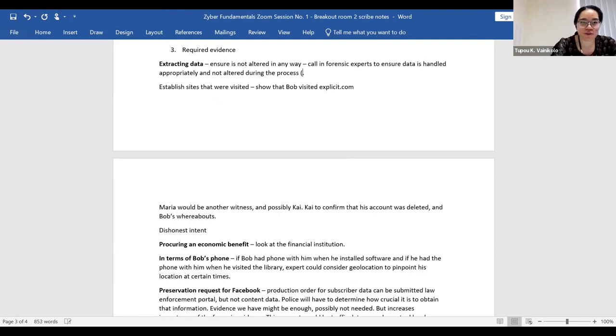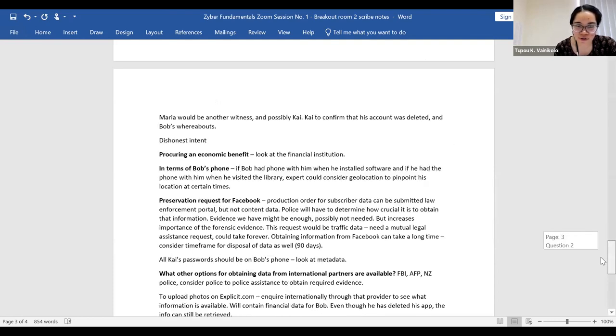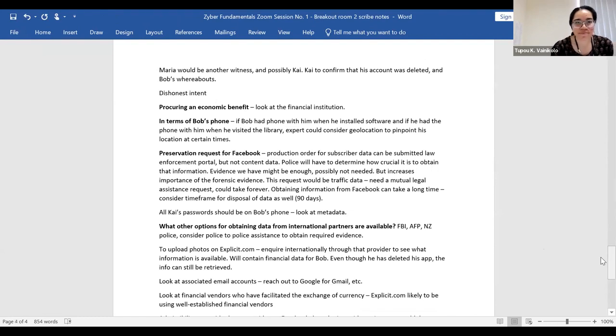Sorry, there's also another note here about Maria being an important witness as well, and Kai as well. Definitely Kai. He's a crucial witness in proving this offense, in that he would say something to the effect that his account was deleted on certain dates, to prove that element of the offense. And also in procuring an economic benefit, that's the last element of the offense.